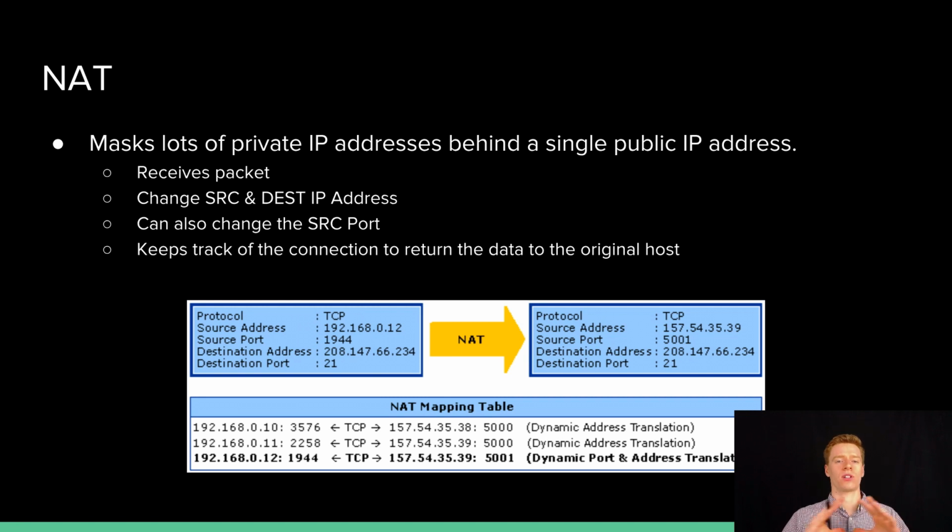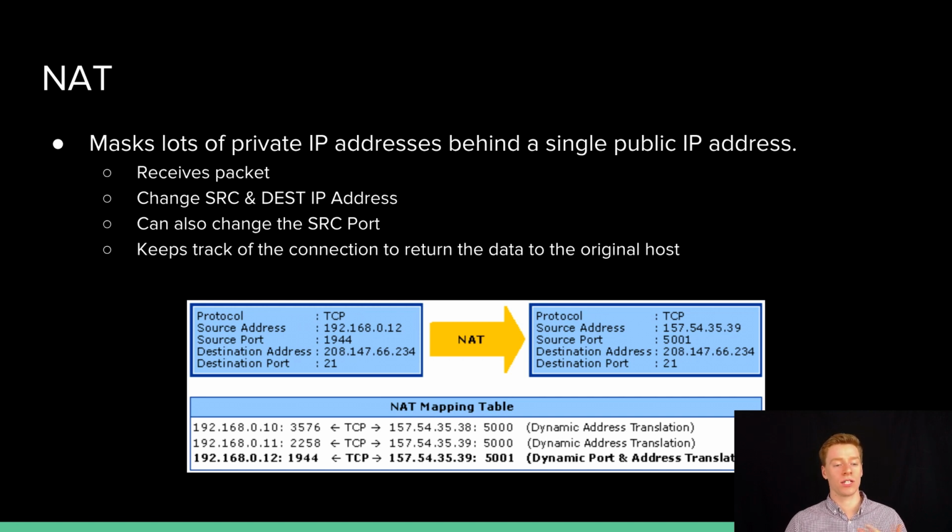You have lots of private computers and one public device. And this helps with security, and it also helps with using less IP addresses. You don't see NATs as much with IPv6 because there's so many IPv6 addresses it's simply not required, and it adds a level of complexity that you just don't need.